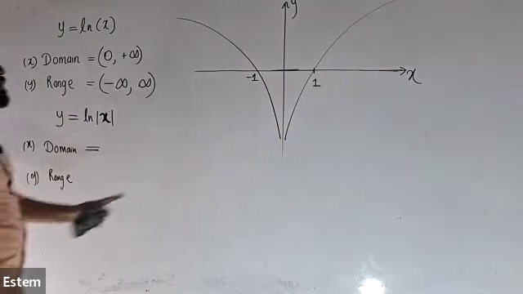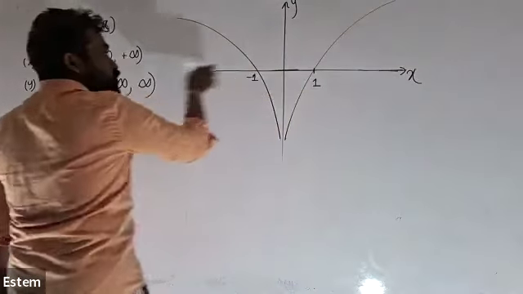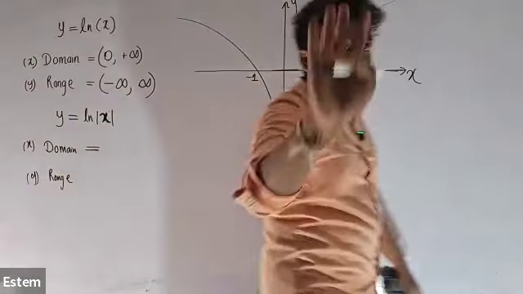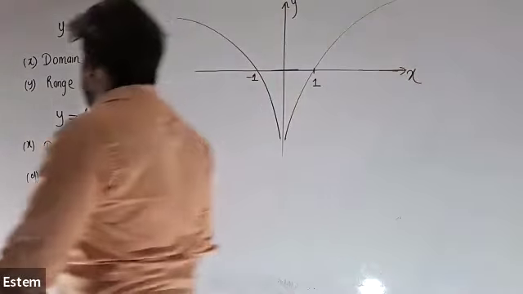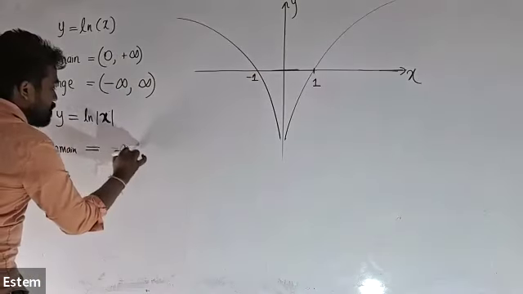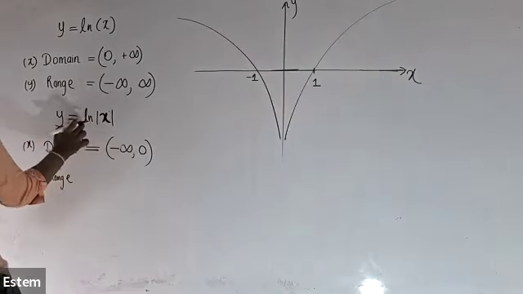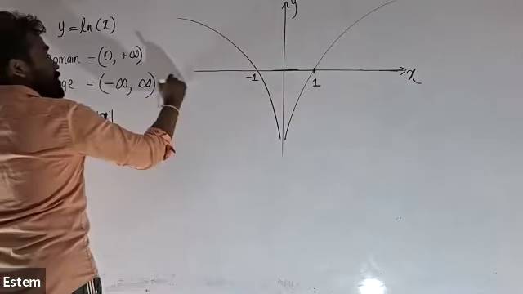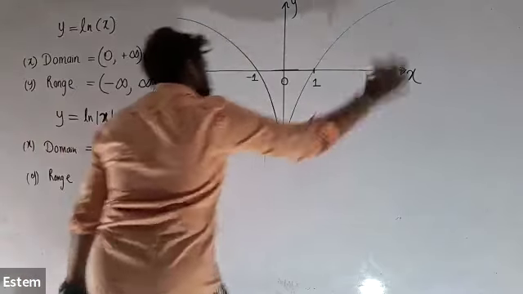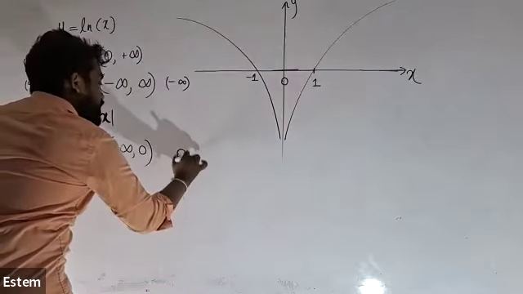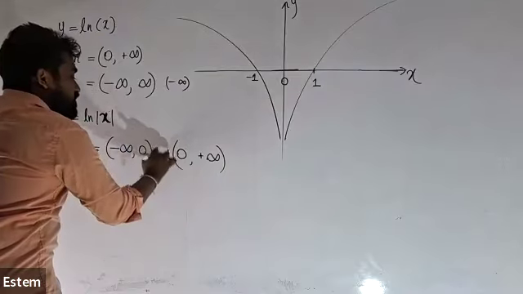Now the domain is x from 0 to infinity and 0 to negative infinity. When y equals ln modulus x, we write it like this: minus infinity to 0, and 0 to positive infinity, the union of these.